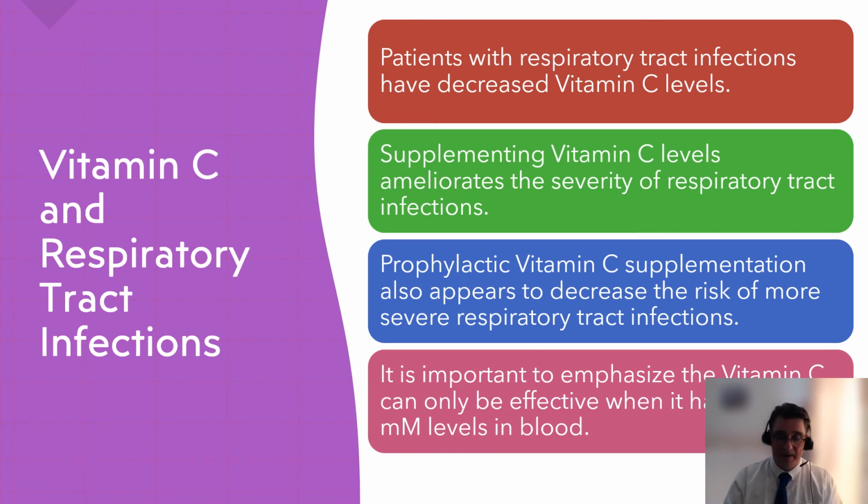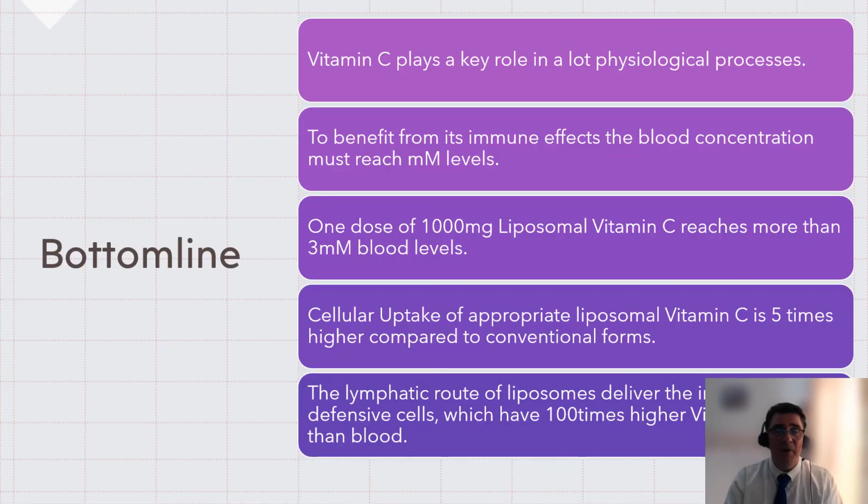protecting our body. The bottom line of today is vitamin C plays a key role in a lot of physiologic processes. But to benefit from its immune effects and immune support, the blood levels have to reach millimolar levels. We know that liposomal vitamin C can reach 3 millimolars, so that vitamin C can truly start to show its efficacy.